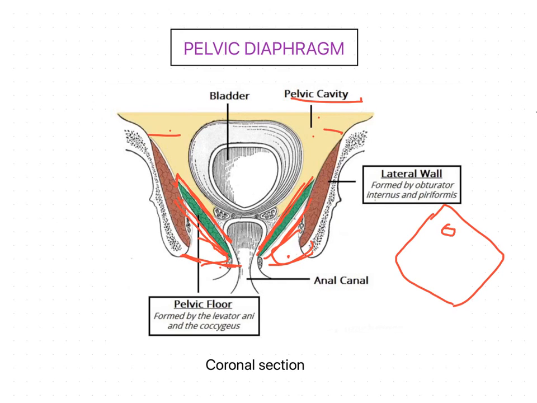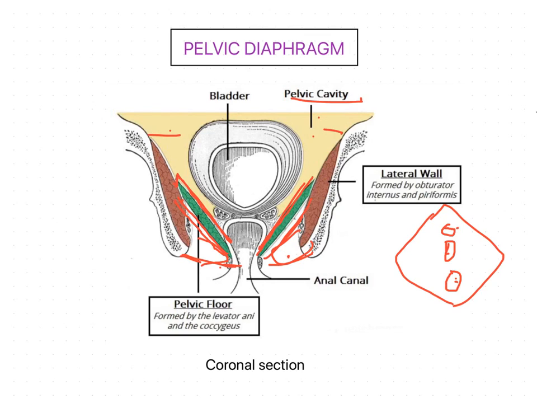In females, another opening, the vagina, is also present. Another one is the rectal hiatus, a centrally positioned gap which allows the passage of the anal canal.